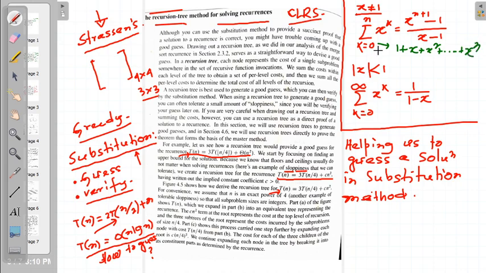This is the geometric series, and the formula is (x power n plus 1 minus 1) divided by (x minus 1).